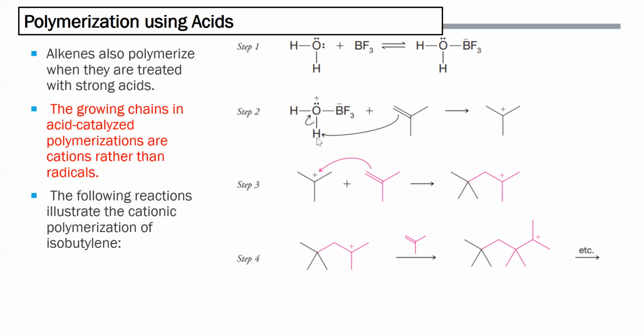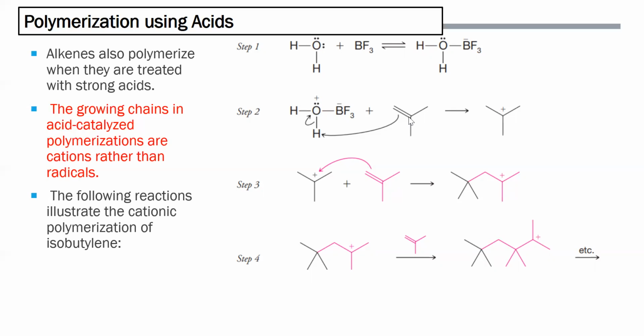When it forms a bond with hydrogen, the electrons from the oxygen-hydrogen bond will go to oxygen, and you will eliminate and have your BF3 here, OH, with the electrons going back to O.